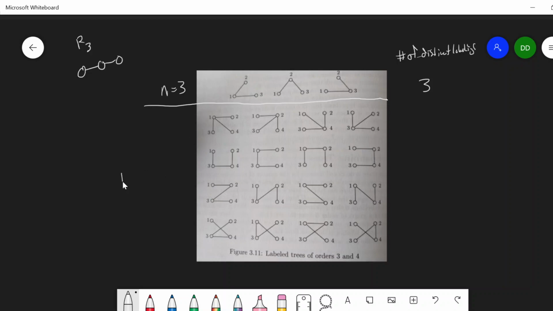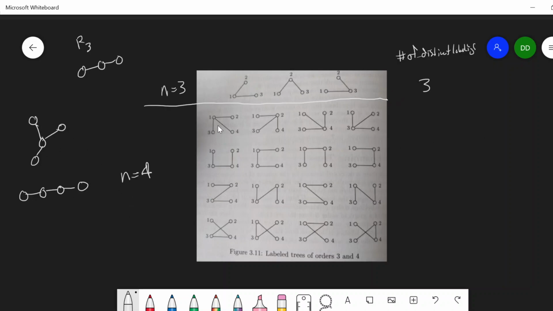And then here we have n equals 4 is the rest of this image. Notice with n equals 4, there are 2 unlabeled trees of order 4. That would be the star, K_{1,3}, and the path, P4. So there are 2 unlabeled, and the number of distinct labelings?